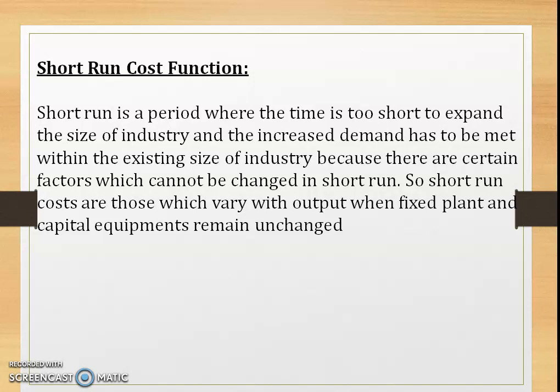Short run is a period where the time is too short to expand the size of industry, and the increased demand has to be met within the existing size of industry because there are certain factors which cannot be changed in short run. So short run costs are those which vary with output when fixed plant and capital equipments remain unchanged.